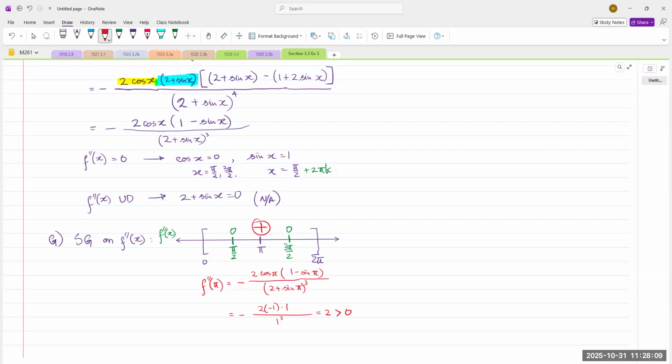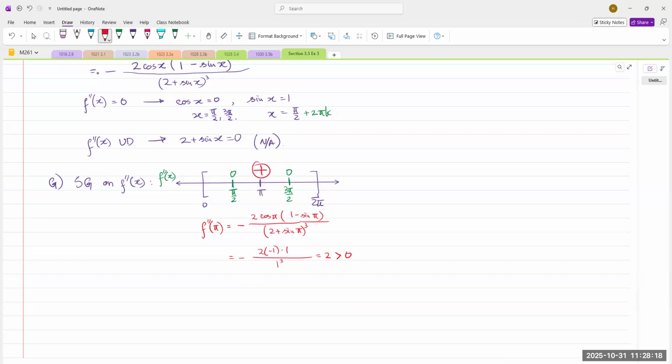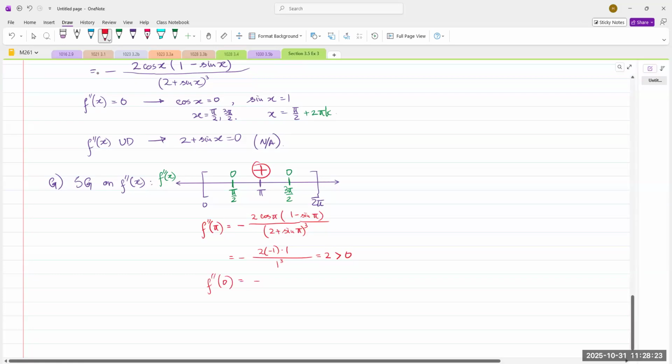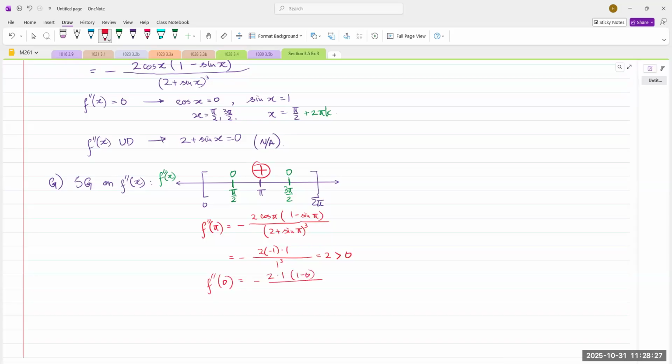When you check x equals 0, f double prime at 0, that will be negative 2, cosine 0 is 1. So that's negative 2, right? So it's negative second derivative here. You will see this is also negative second derivative.